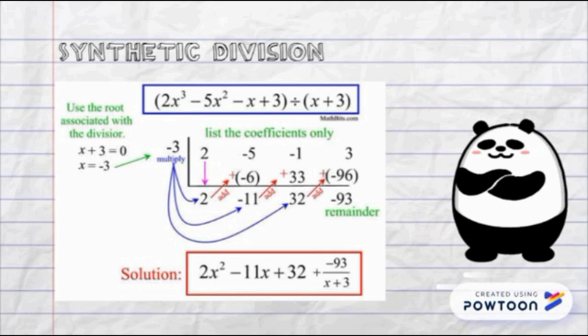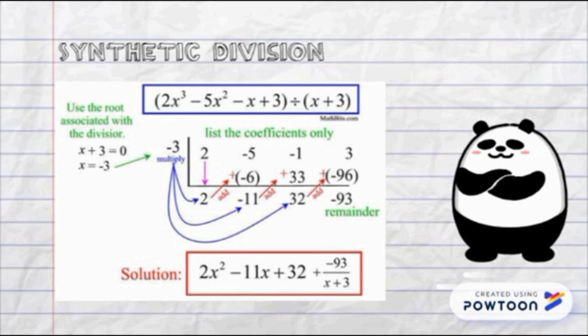That will be 2x squared minus 11x plus 32, and you leave the negative 93. But look at it. When you're gonna place your final answer, you will put 2x squared, negative 11x, positive 32, plus, and as you have a negative sign, you won't put negative and then the number above the division, because we're gonna make a division.